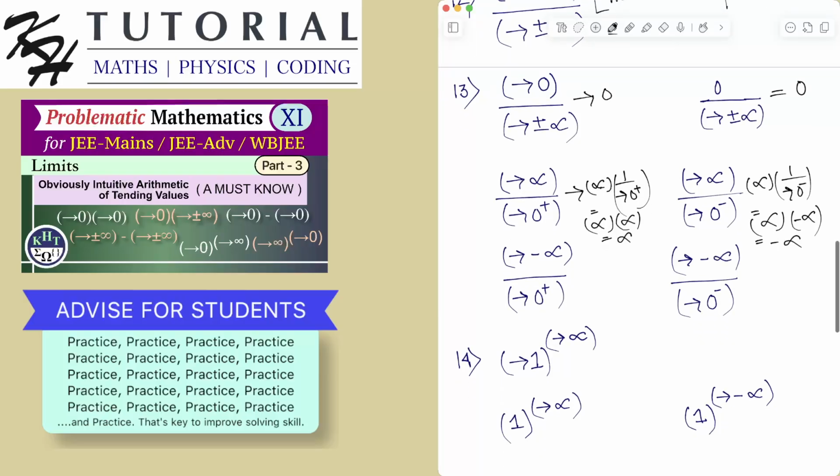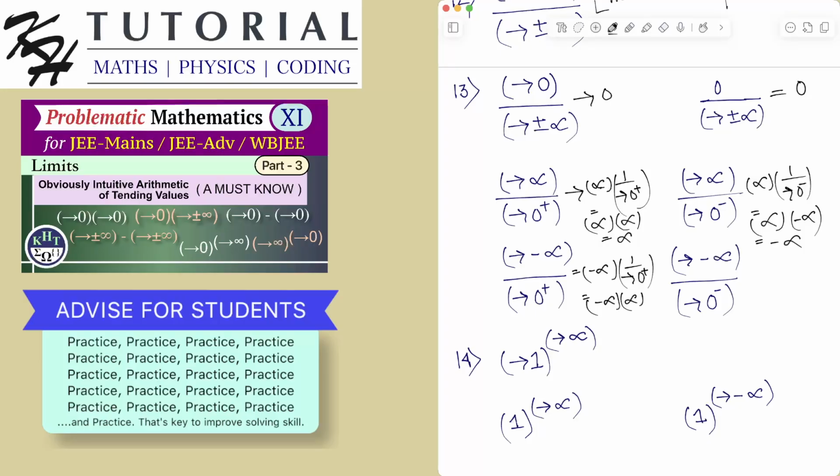Okay. Now negative infinity divided by tending to 0 positive is negative infinity multiplied by 1 by tending to 0 positive, and 1 by tending to 0 positive is always infinity.